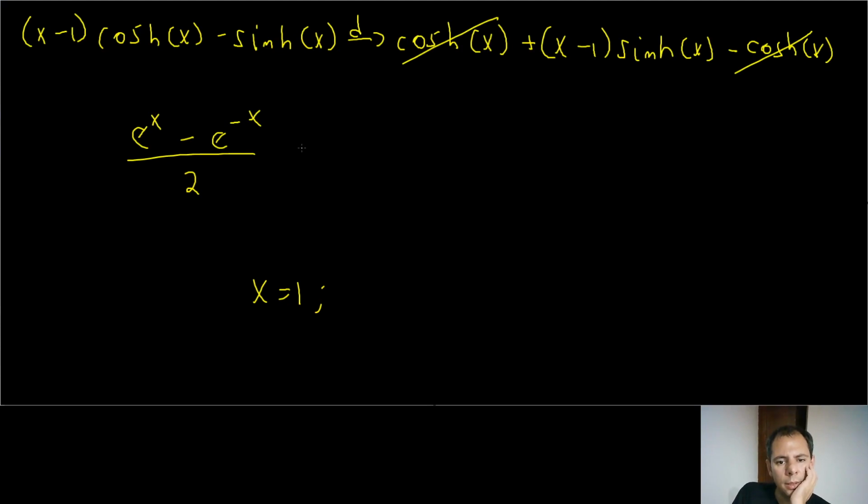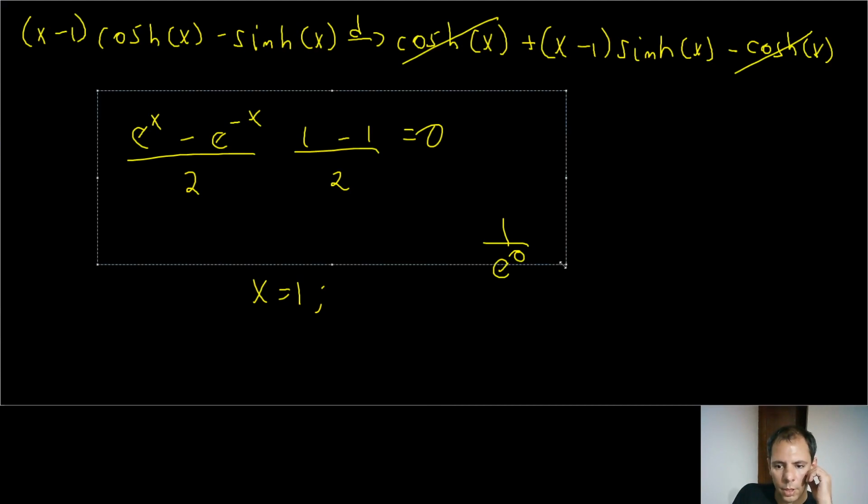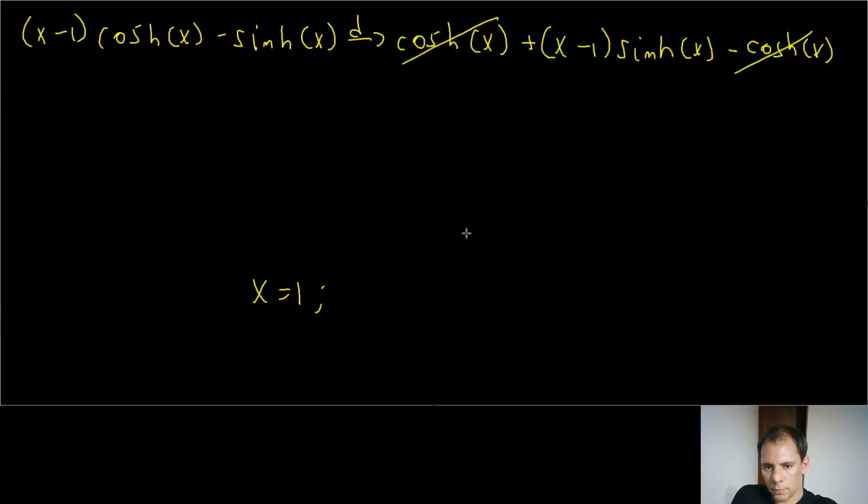Because it'll be e to the 0, that's 1, minus e to the minus 0, which is 1 divided by e to the 0, which is 1, and 1 minus 1 divided by 2 is 0. So at x equals 1 and at x equals 0, this is going to be 0.